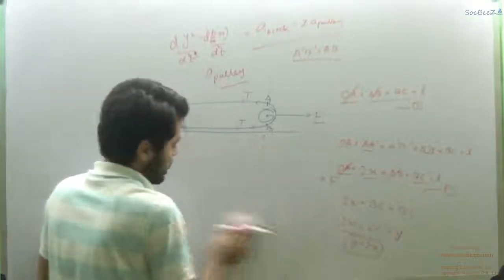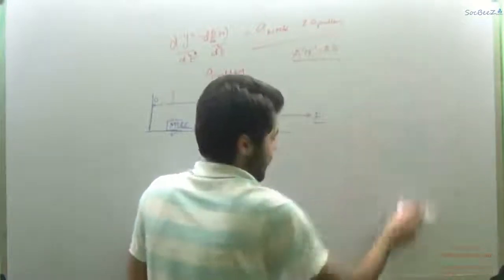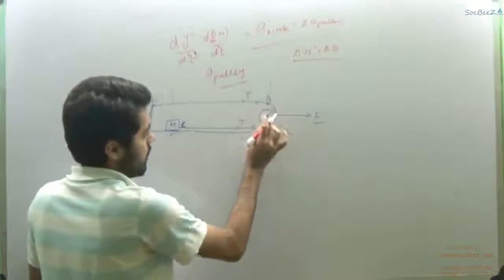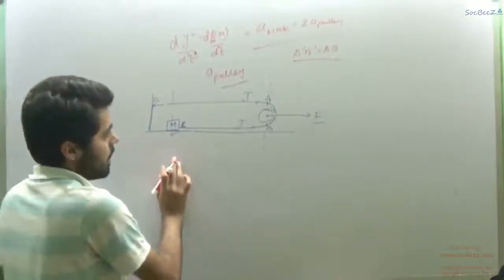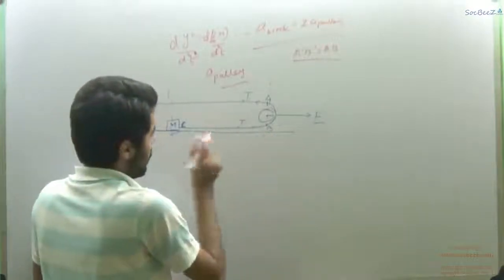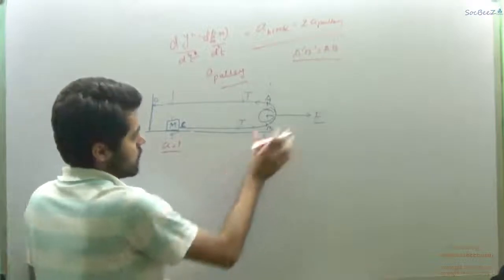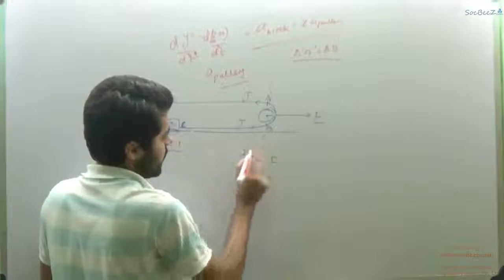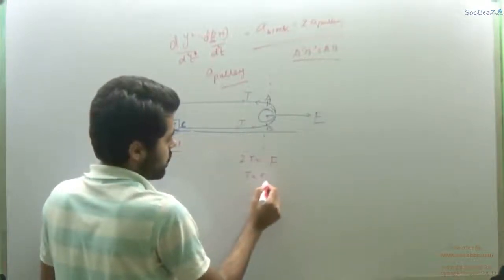The question is actually very simple now, if this has been understood properly. If a force F is applied on a pulley such that the block has mass M, what will be the acceleration of this pulley? So F is the force, so 2T is equal to F, which we discussed previously, since the net force on the pulley has to be 0, so T is equal to F by 2.